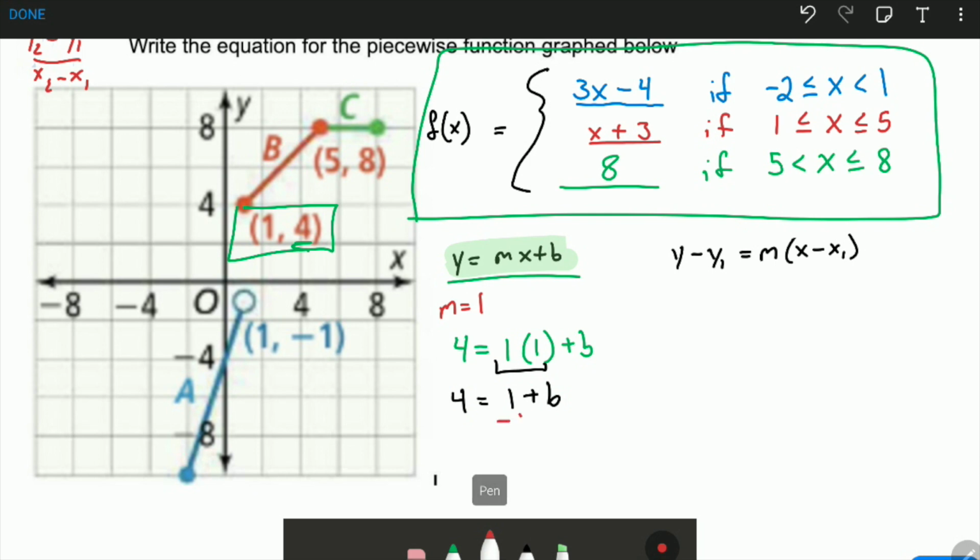Solve for b, subtract 1, subtract 1. b is equal to 3, so my y-intercept is 3, and my equation is y equals 1x plus 3, which, as you can see, is the same thing as what we found earlier by extending the graph. And of course, extending the graph is not always practical, but it is a lot quicker and simpler if it's a doable option. If not, here's the algebraic way of going about it.